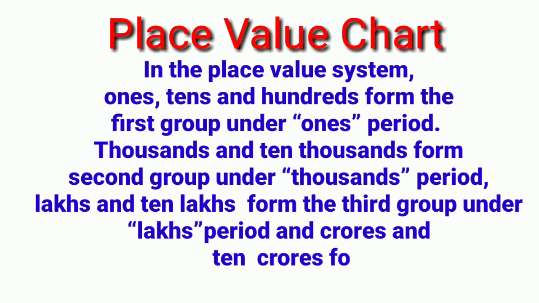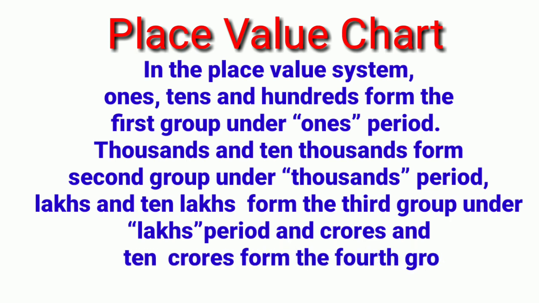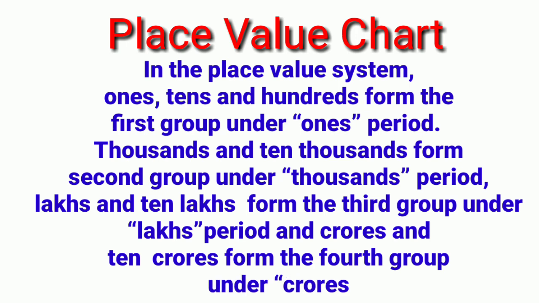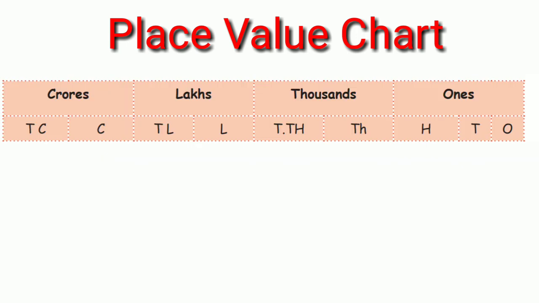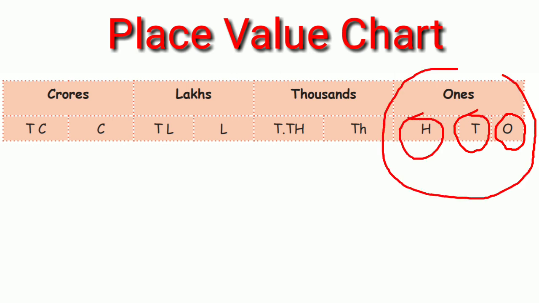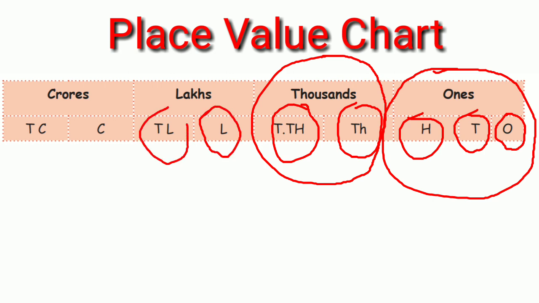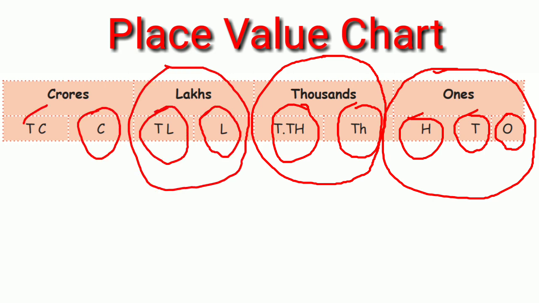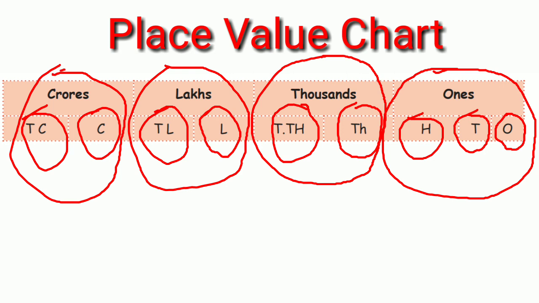Crores and 10 crores form the fourth group under the crores period. Just see the place value chart: ones, tens, hundreds is the ones period; thousands, 10,000s is the thousands period; lakhs, 10 lakhs is the lakhs period; crores and 10 crores is the crores period.